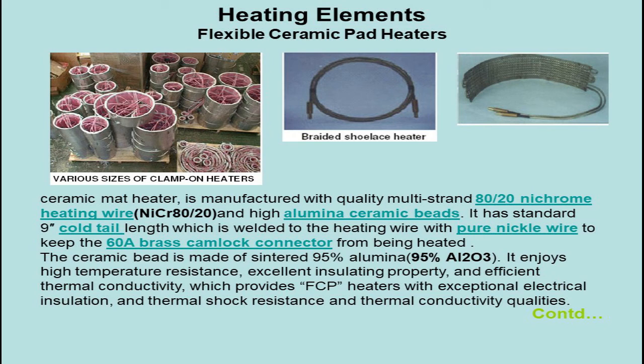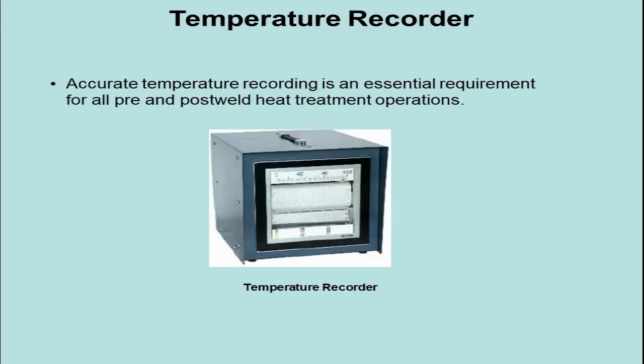The ceramic bead is made of sintered 95% alumina, 95% Al2O3. It enjoys high temperature resistance, excellent insulating property, and efficient thermal conductivity, which provides FCP heaters with exceptional electrical insulation, thermal shock resistance, and thermal conductivity qualities.